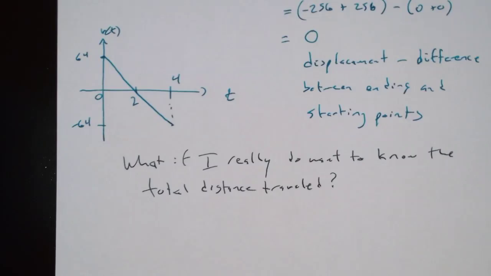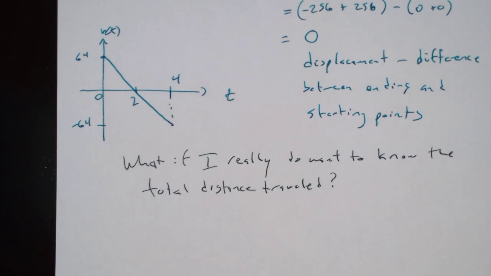I need to count distance up separately from distance down. Now, this particular case is rigged because we went the same distance up as we did down because our total displacement was 0. But let's assume that that might not always be the case.